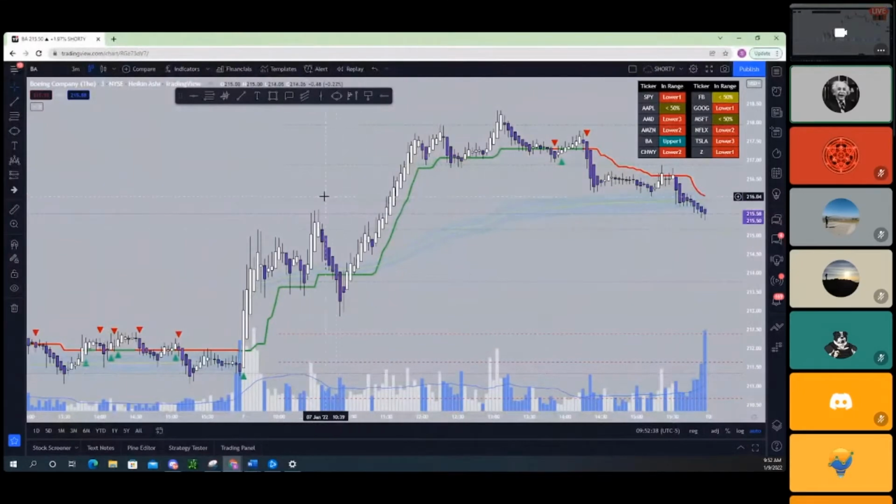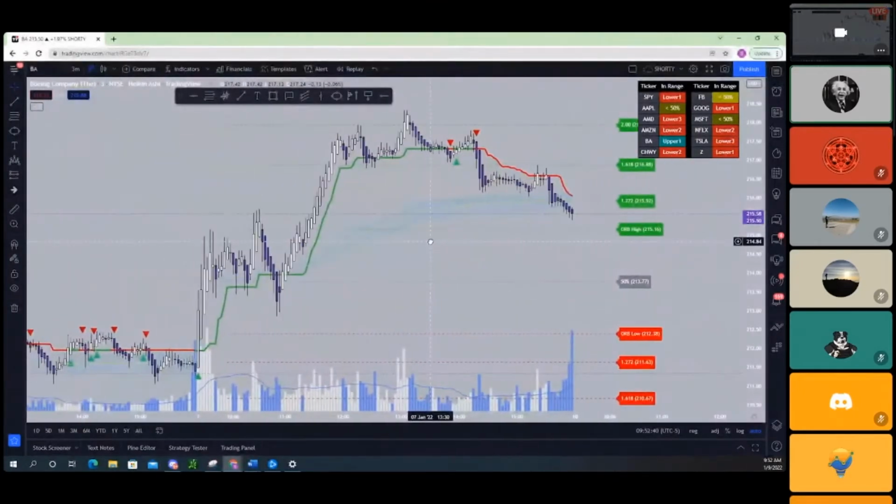You wouldn't have a pullback all the way down and then continue higher. So in an extended trading day, you break the initial balance high and low, meaning the ORB high and ORB low. And here you see there was a double top, similar to what we saw earlier in Baba, but then they came back and refreshed it to go higher.